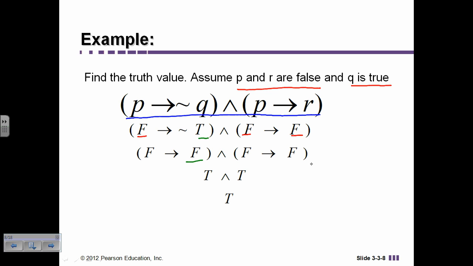So false implies false is true again. And then using our truth tables that we talked about in the last couple of sections, true and true is true. So the result of this truth value, or the truth value for this example, would be true.